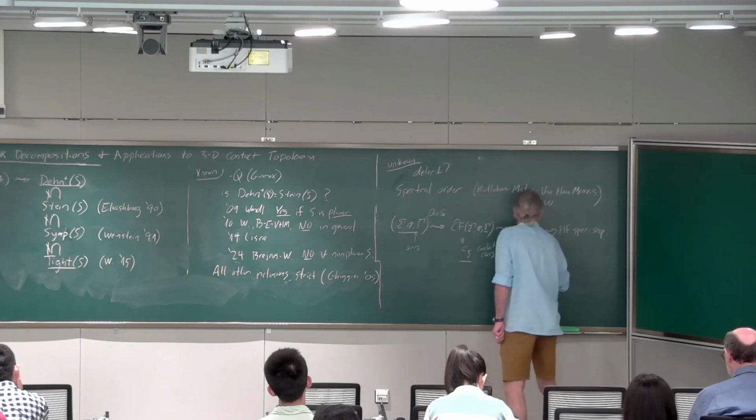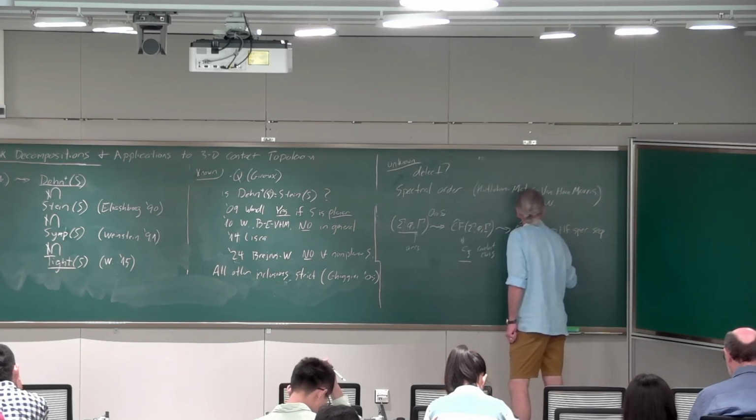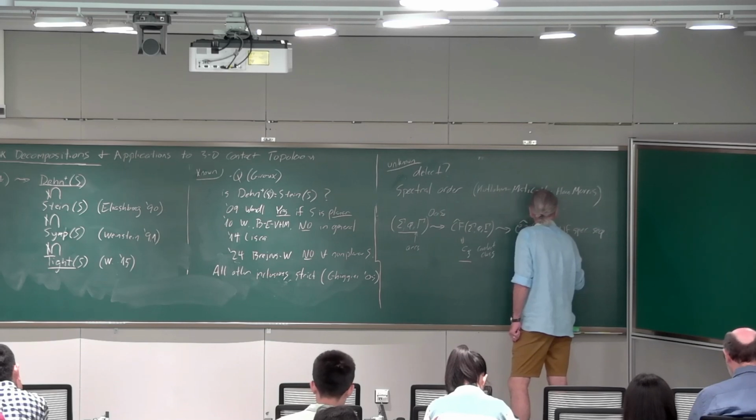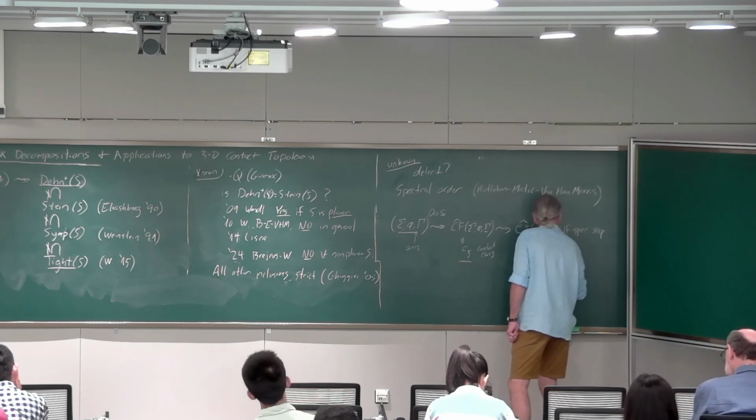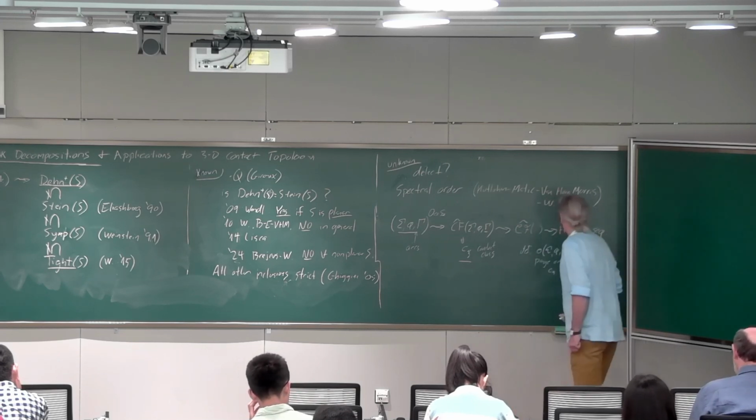So let's define little o of the data to be the page on which the contact class vanishes, if it does.